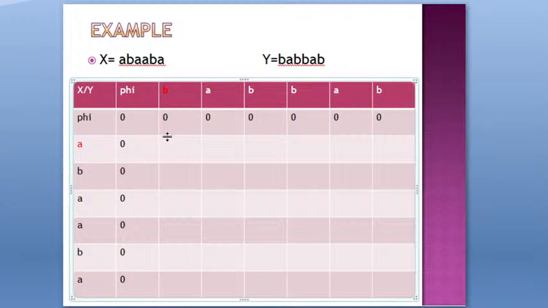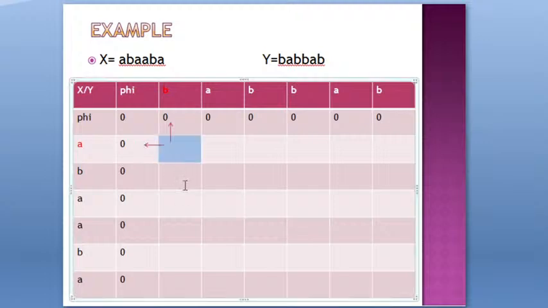So, I will put the value here, right? But what value am I going to put? That depends on what maximum value I am getting over here. The maximum value between the previous row and previous column. Now what is the previous row and what is the previous column over here? See, if my current cell is this, then my previous row is either this or this.